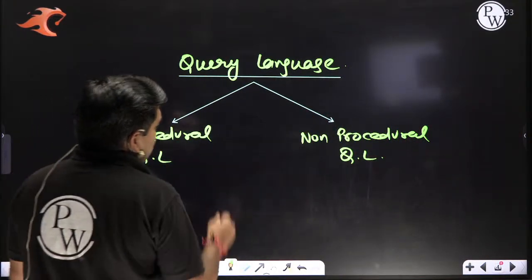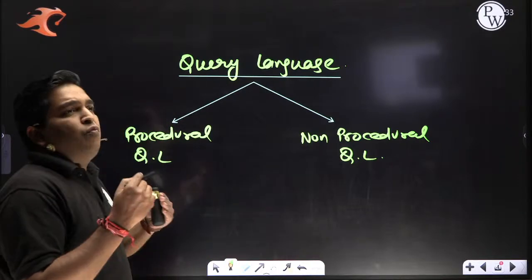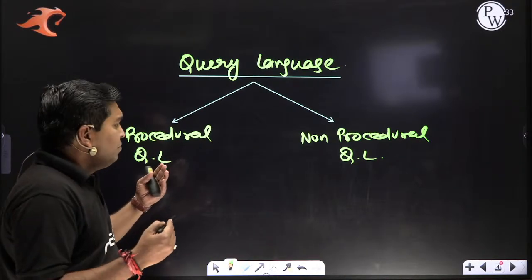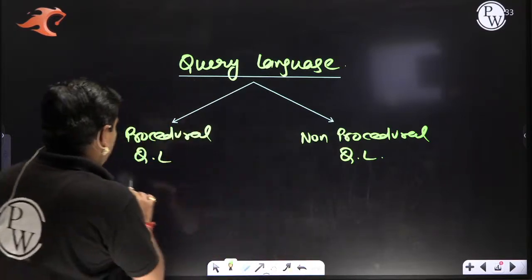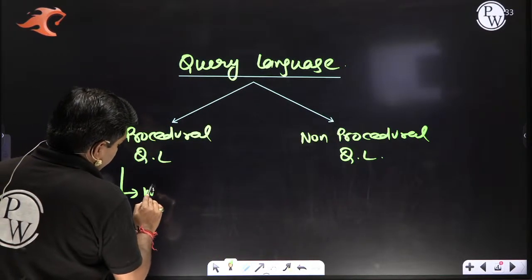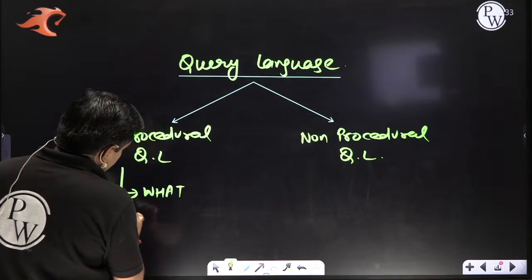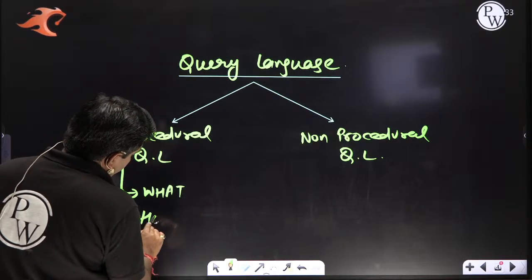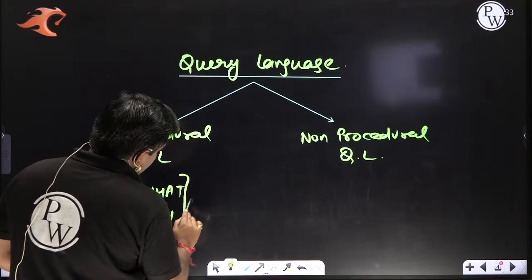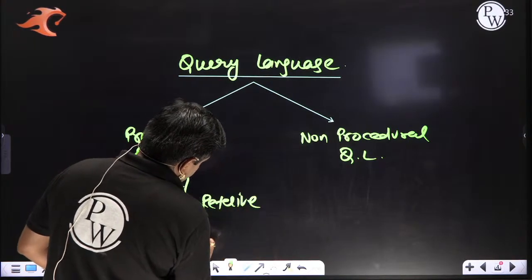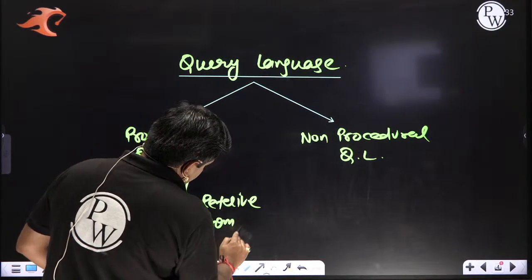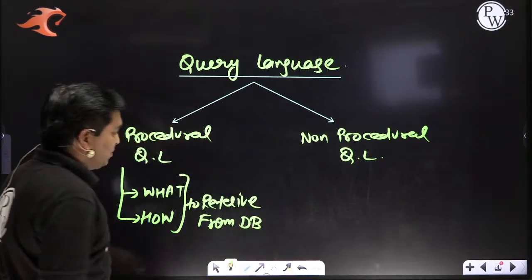What happens in procedural, my dear student? Each and everything is specified. Meaning to say, what to retrieve from the database and how to retrieve. What to retrieve and how to retrieve from the database, each and everything is specified, my dear.